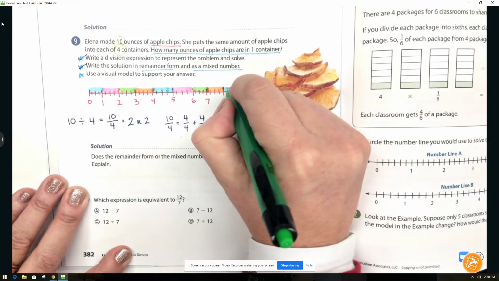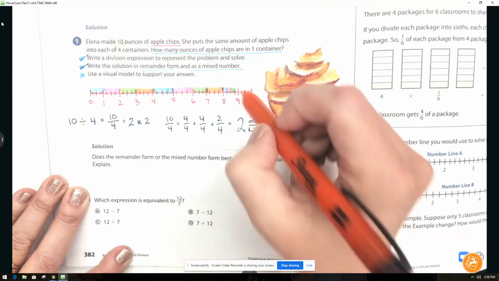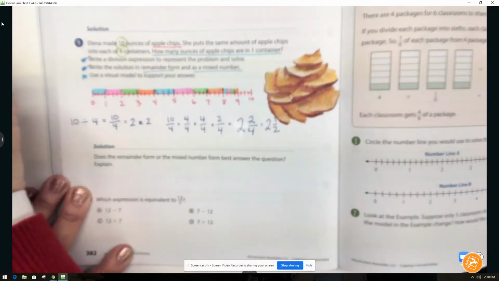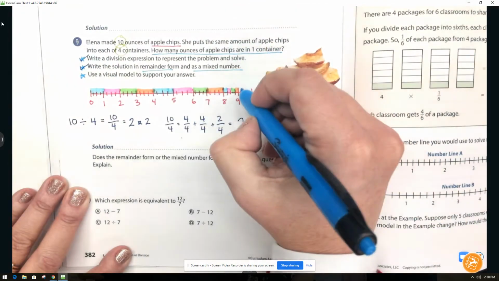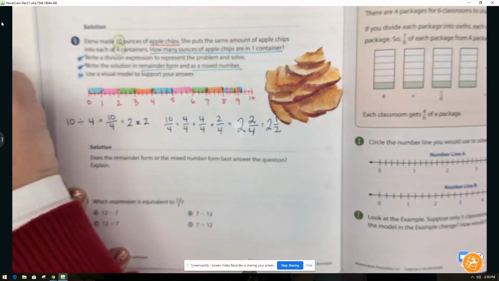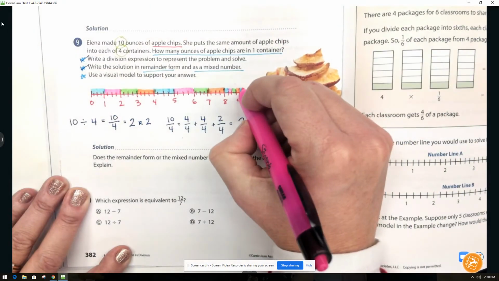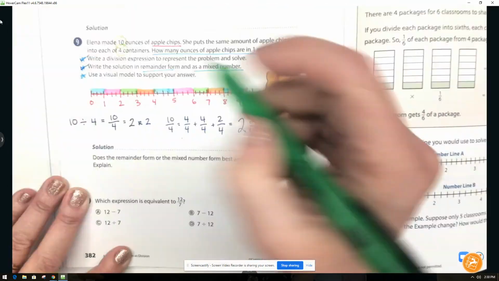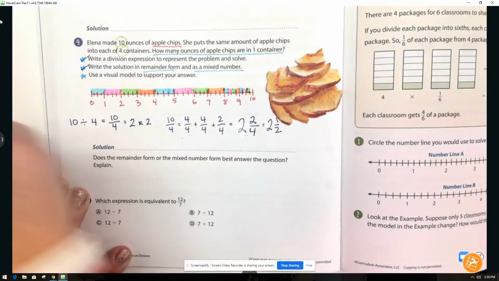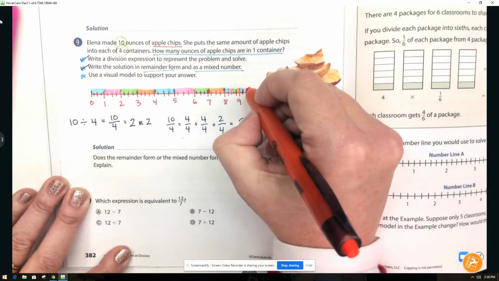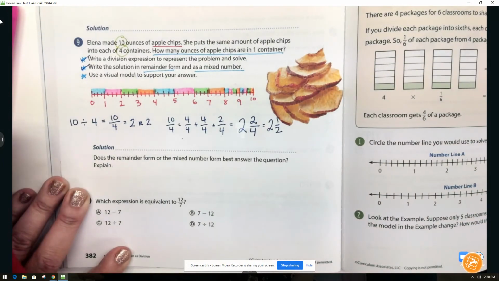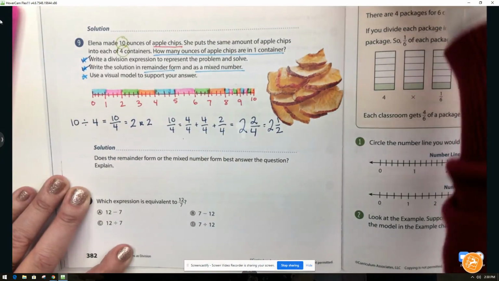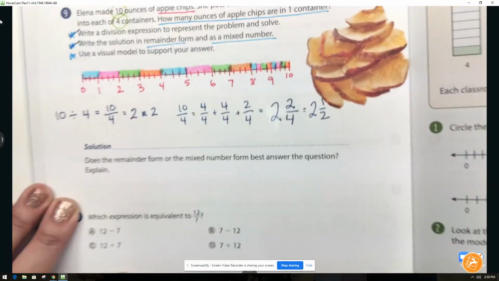Green gets 1/4, and then orange gets 1/4. And then I'm going to do the same thing again for the last ounce. 1/4 of an ounce, 1/4 of an ounce, 1/4 of an ounce, and then 1/4 of an ounce.